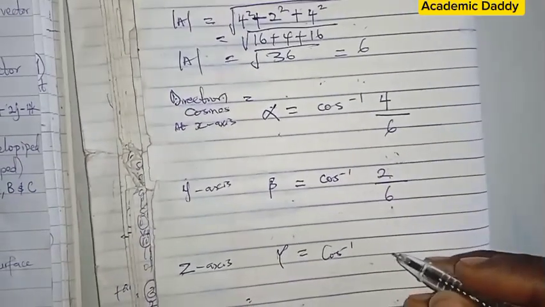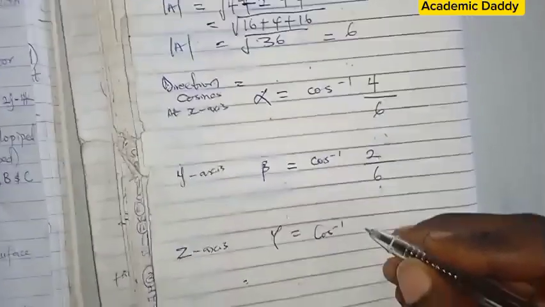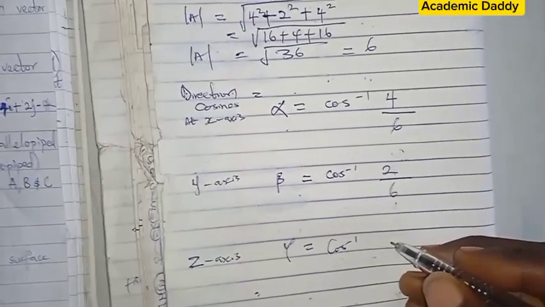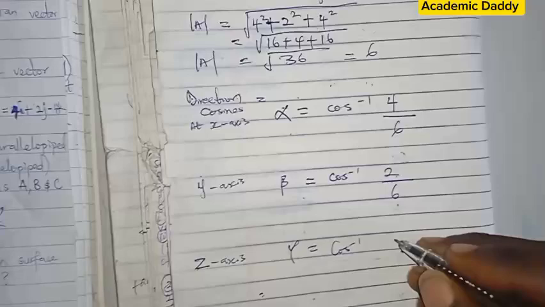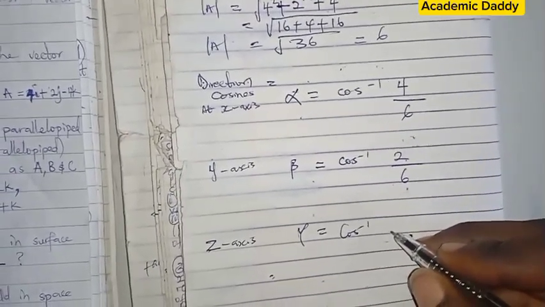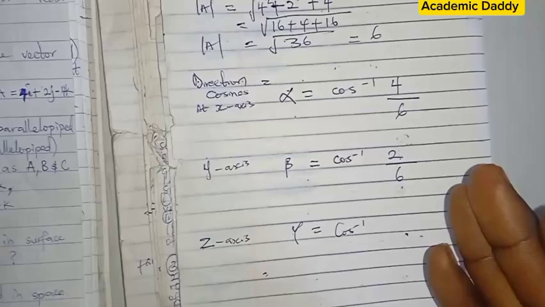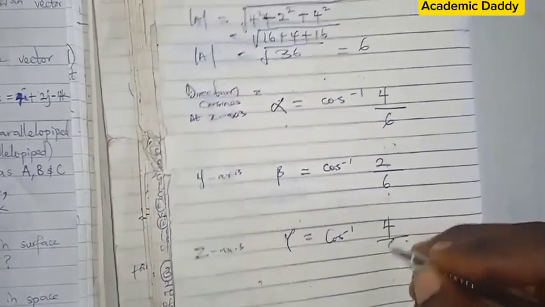Direction cosine means using the cos and going towards the angle. There are so many ways to understand this, but if you don't really want to stress yourself, focus on the final thing we are doing. On the z, 4 all over the magnitude 6.